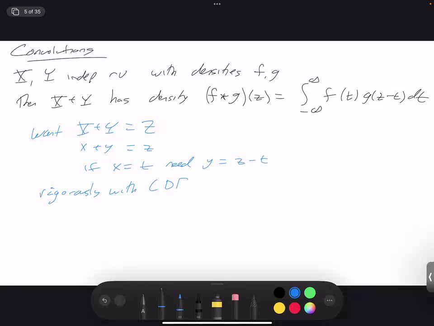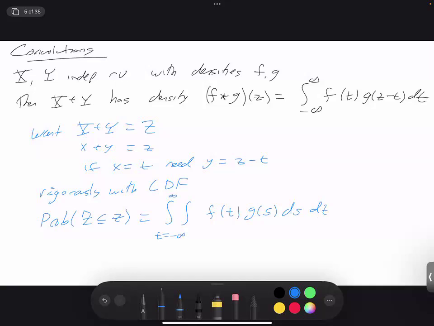You can do this more rigorously with cumulative distribution functions. The probability that big Z is at most little z is going to be the integral of f(t) g(s) ds dt. t goes from minus infinity to infinity.